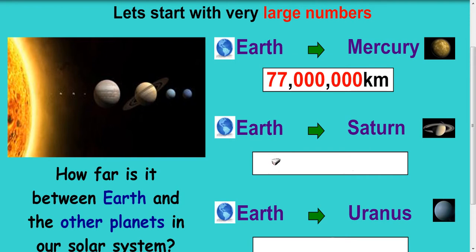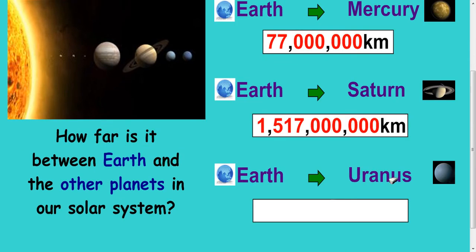Again, from Earth to Saturn, there we are, 1,517,000,000 kilometres, and between Earth and Uranus we have 1,774,200,000. This is your billions, your millions, and your hundreds of thousands. So we need a better way of writing these instead of writing loads of zeros on the page.